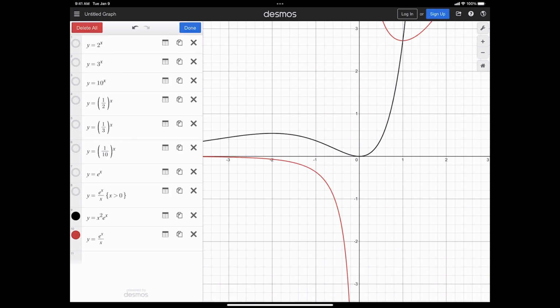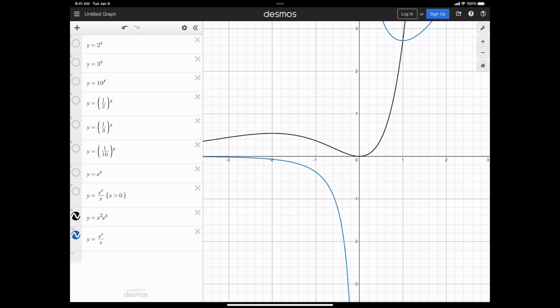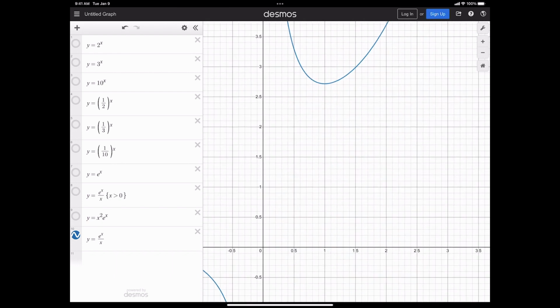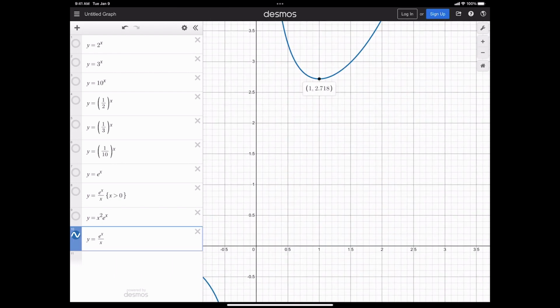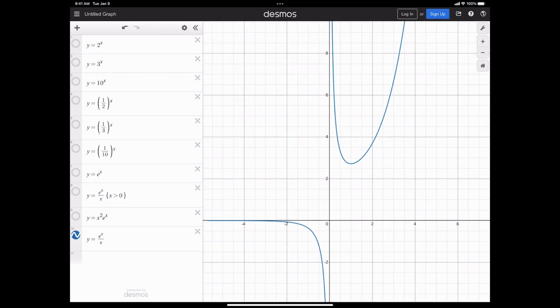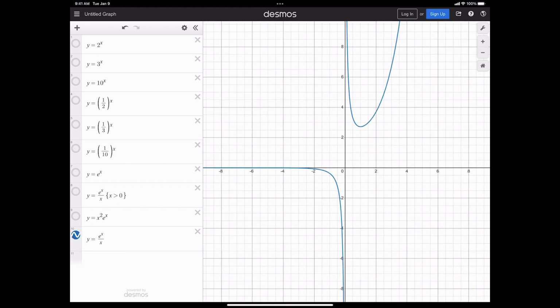You guys know I don't like using red for my curves. So at 1, where do you think that's at? You guys see where 1 is here? See this curve? This is the curve, y equals e to the x over x.